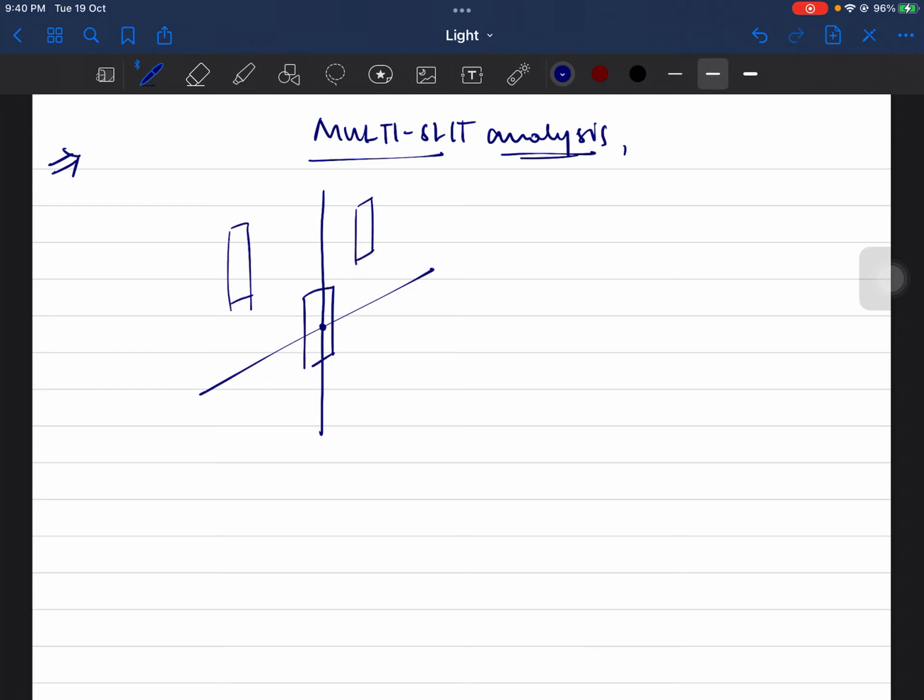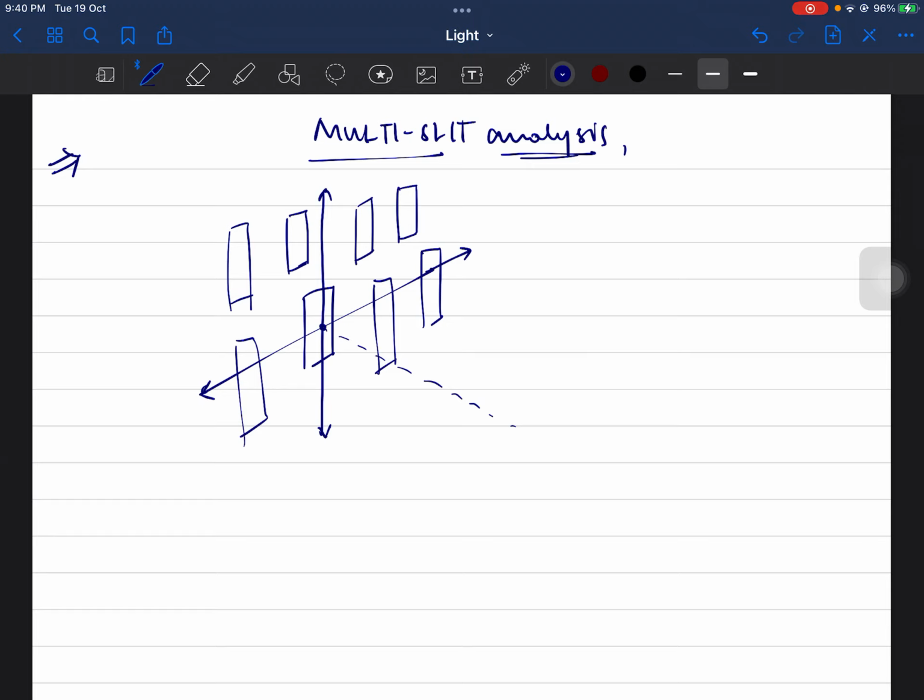If these are the slits, some randomly placed rectangular ones, okay, then, sorry, this is not good.